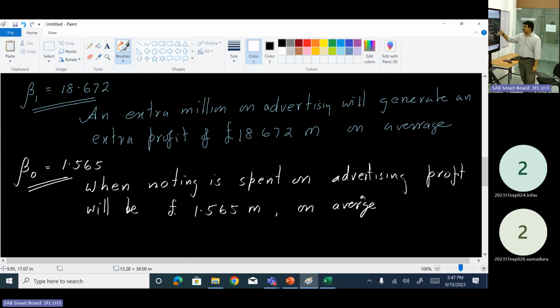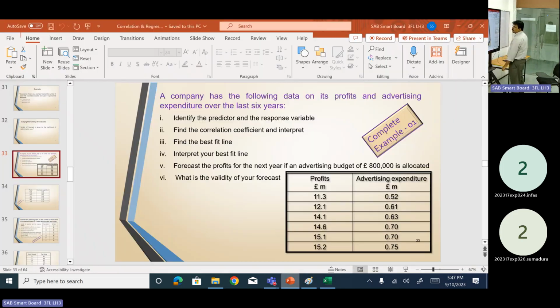So we have interpreted. The next, they are asking for a forecast. The next one, the fifth one. Forecast the profit for the next year if an advertising budget of 800,000 is allocated. Right. So we have the model. The advertising budget is given.